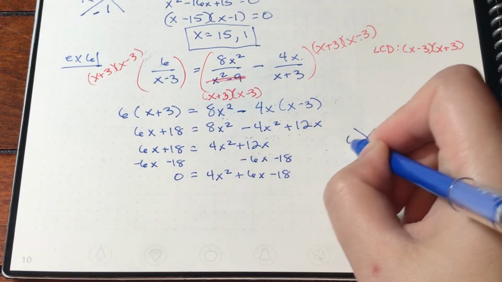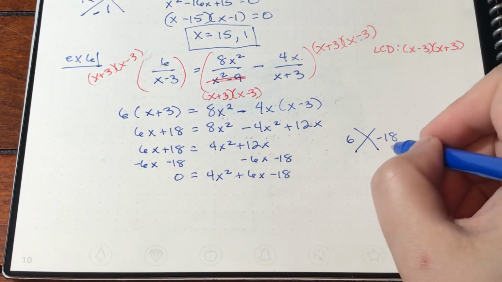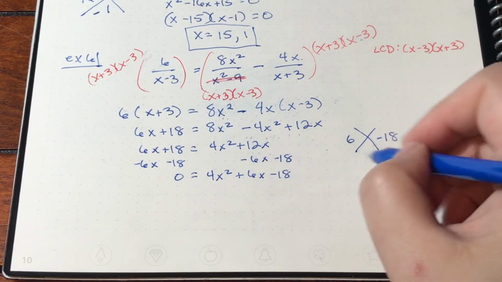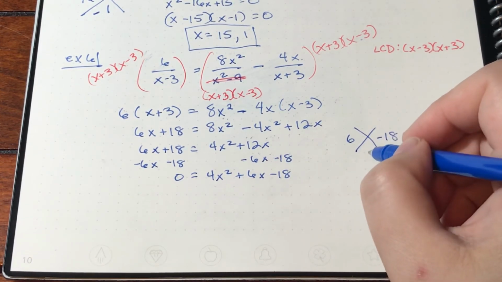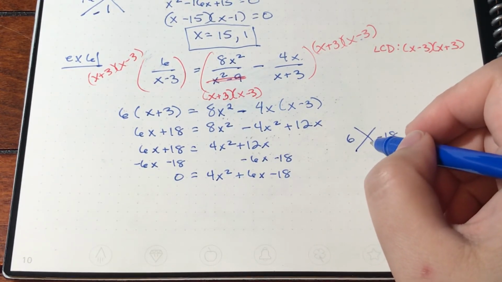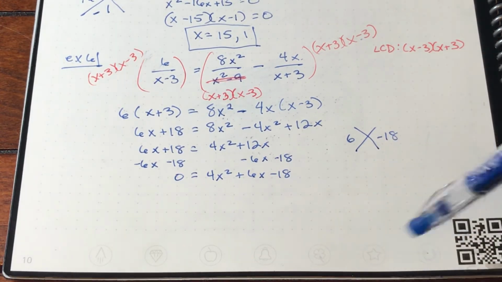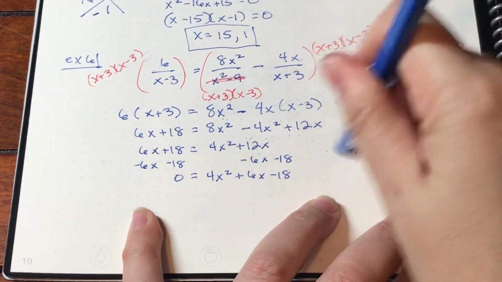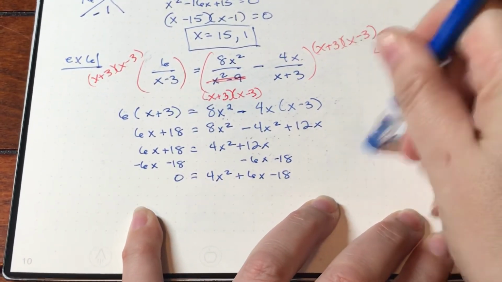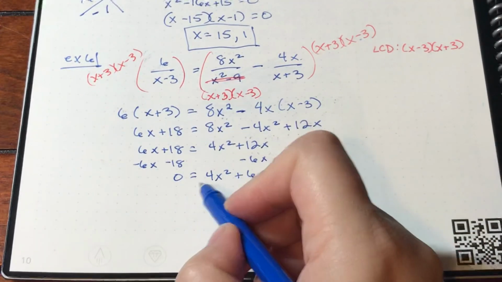So I need two numbers that multiply to make negative 18 and add to make positive 6. And, oh, I just noticed something. Before I even do that, I noticed that all of these are divisible by 2.